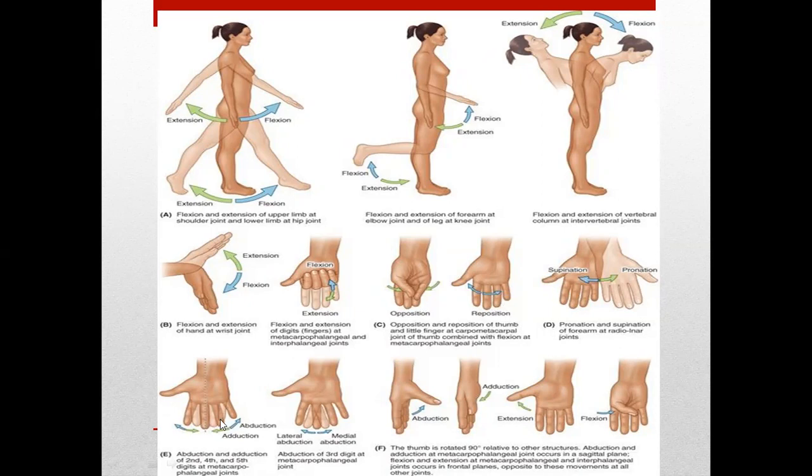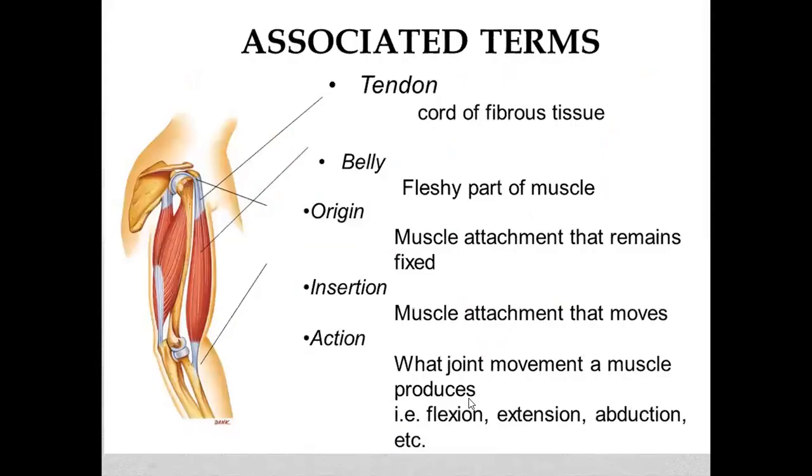When we bring all the fingers close together, that is the adduction, and when all the fingers go away from the midline, that is the abduction. Okay, so these are the terms we are going to study in the upper and lower limb throughout.